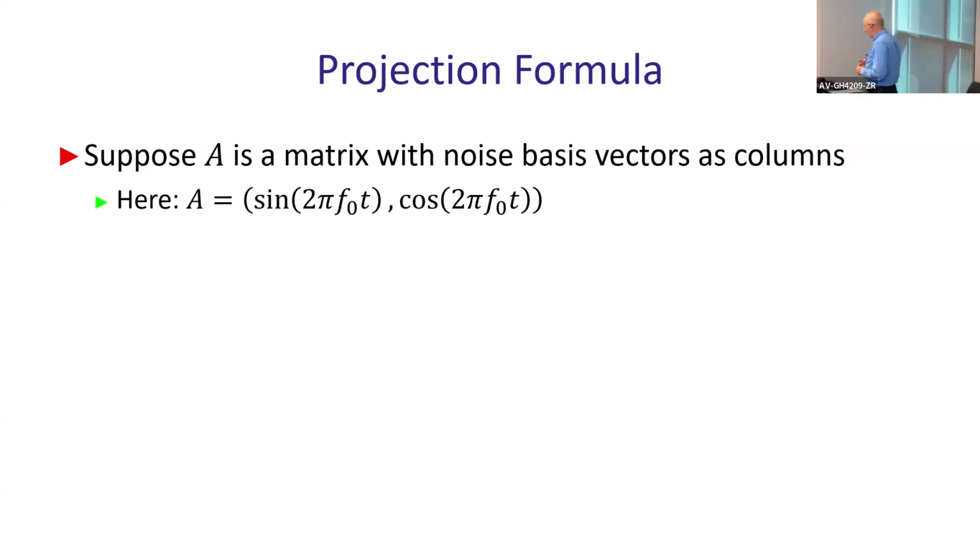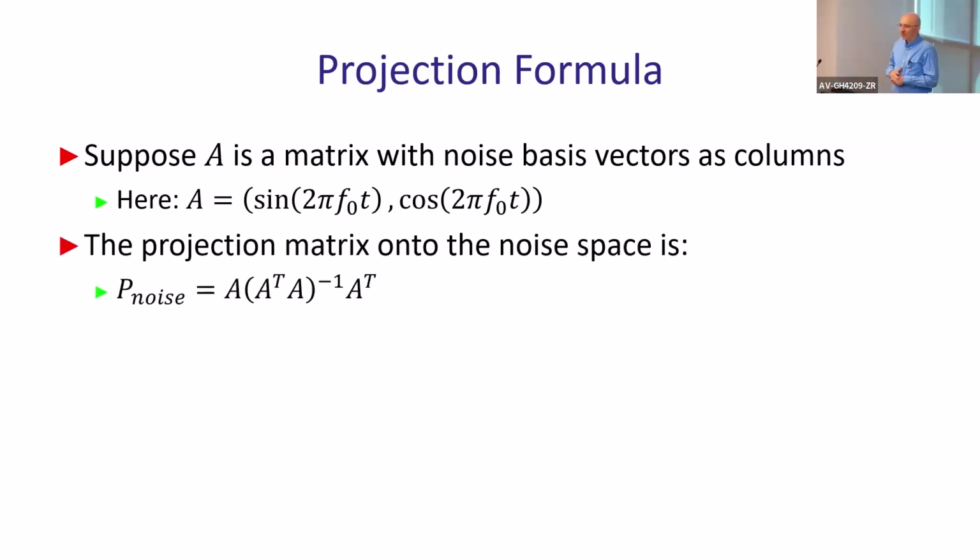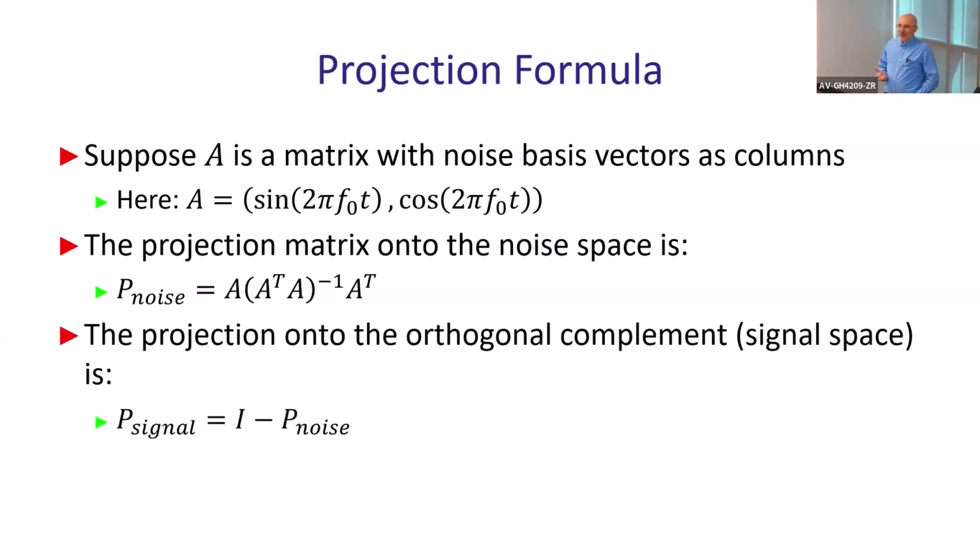Right? Okay, so you have all these functions, and you're using P noise projection as A transpose A inverse times A transpose, as you see on the board there. And then signal projection is just Y minus the noise, where noise is P noise times Y. It will be I times Y minus P noise times Y. I times Y is just Y, and P noise times Y is just the noise.